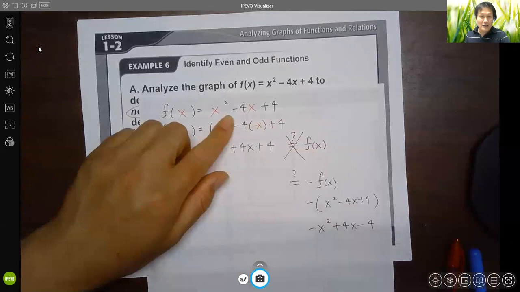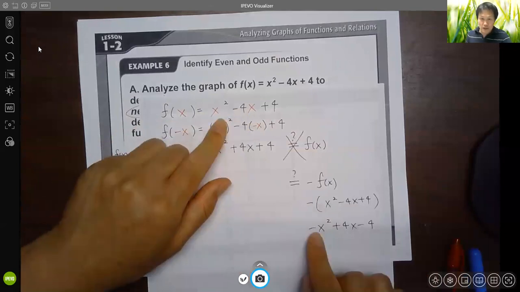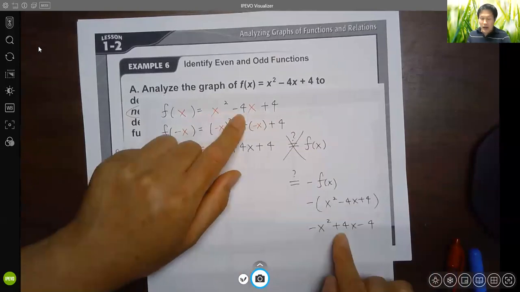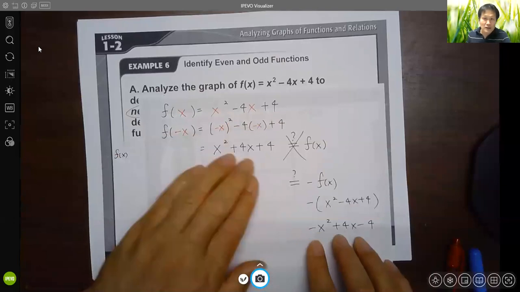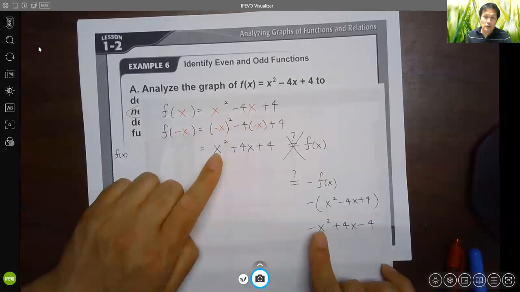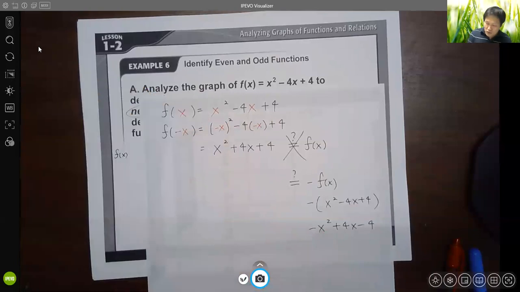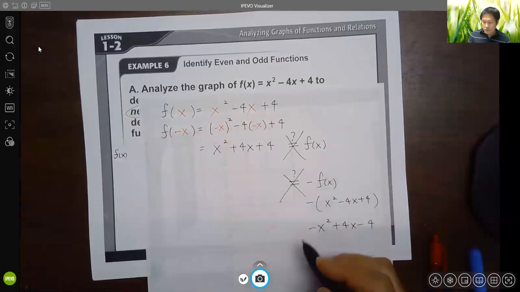So it's exactly the same as f of x, but you change the signs. I am checking, is f of minus x equal to minus f of x? They are not. You can check that easily here. They should have different signs. They have the same sign, busted right there. So no, it's not. It's not even, it's not odd, it's neither.